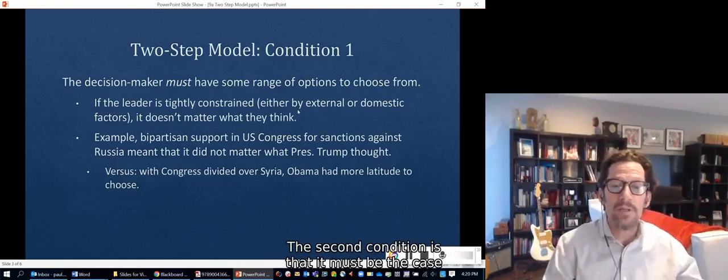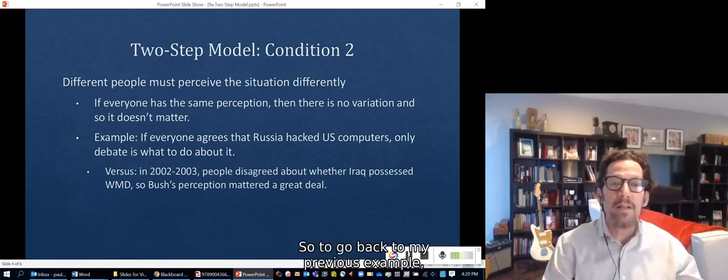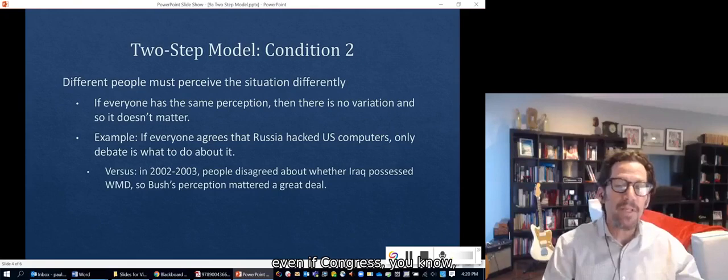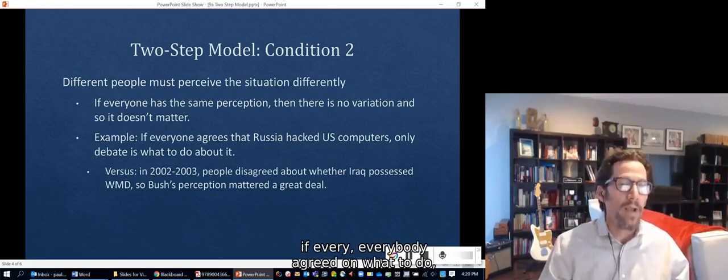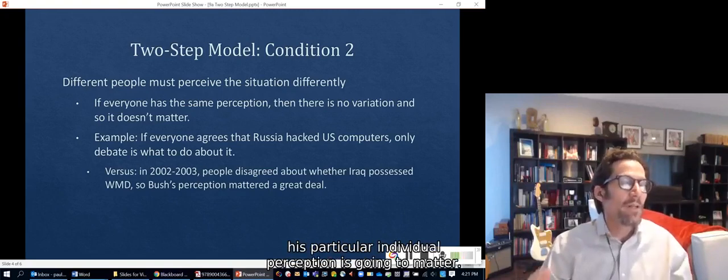The second condition is that it must be the case that different people perceive the situation differently. So to go back to my previous example, even if Obama weren't constrained by Congress, if everybody agreed on what to do, then there's really very little chance that his particular individual perception is going to matter.